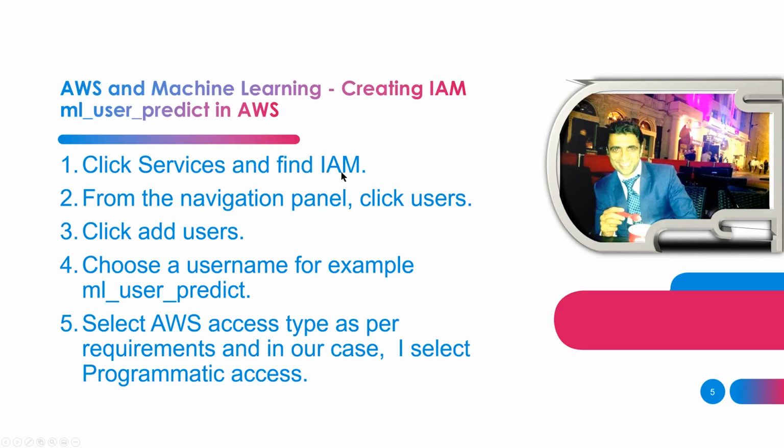So we click on services, go and find IAM, as I have already shown in the previous two videos, then the navigation panel, then click users, then add users, and we'll name this user differently, which is ML user predict, and then we'll select the AWS access type as per requirements. In our case I select programmatic access. This time I will choose a different way and give this user programmatic access, and let's see how we do that.